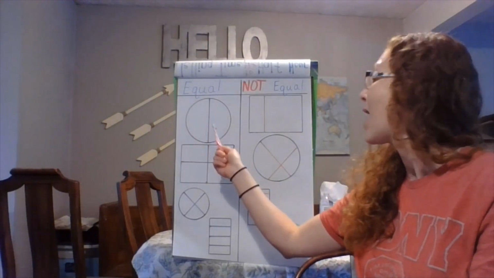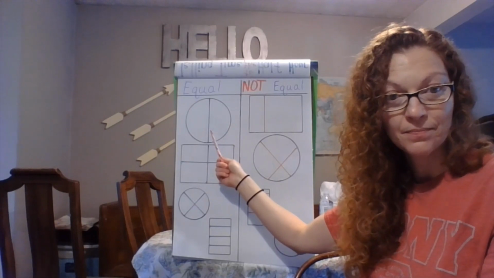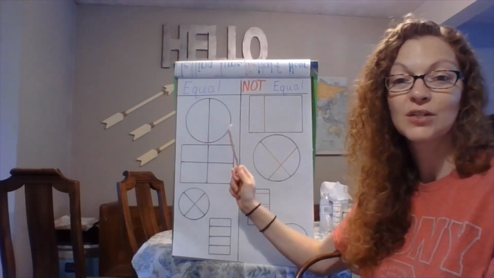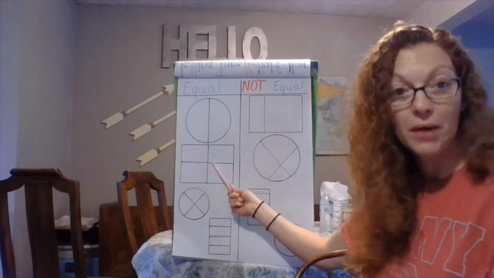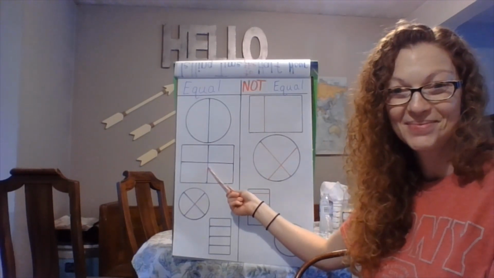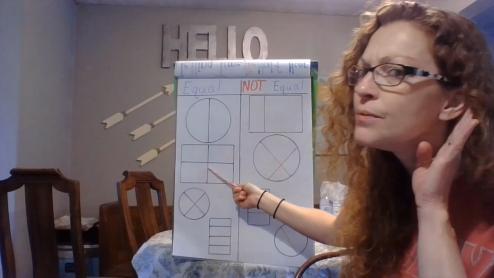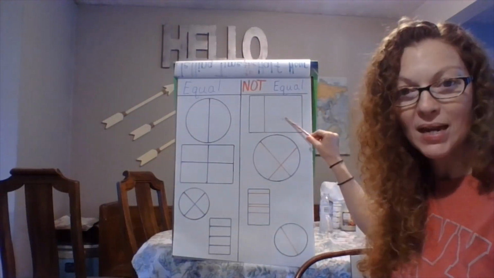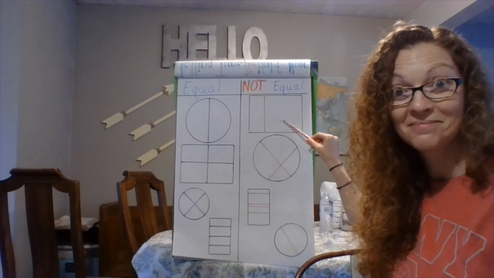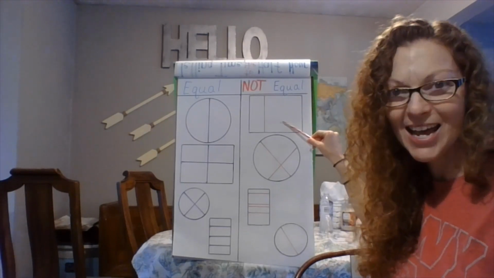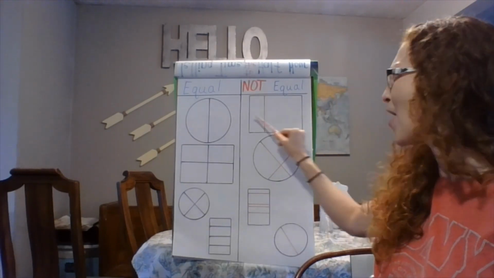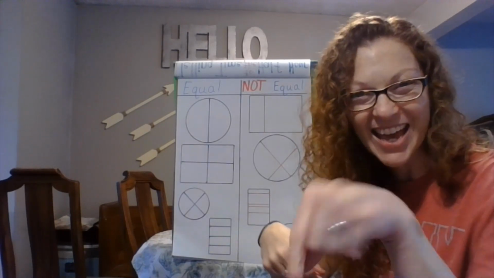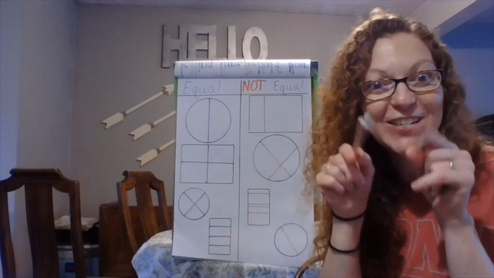Ready? How many equal parts? Say it loud. 2, right? 1, 2. Good job. How many equal parts? Say it louder. I can't hear you. Good job. 4. How many equal parts? Did I trick you? Are these equal parts? No, I think I got you. Gotcha.